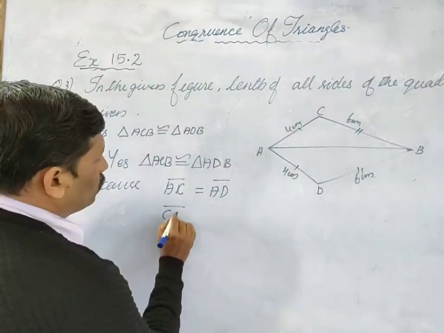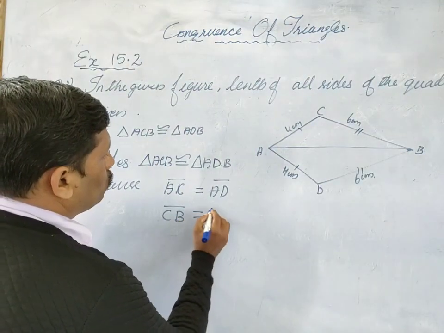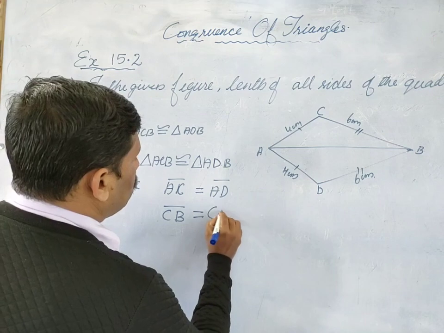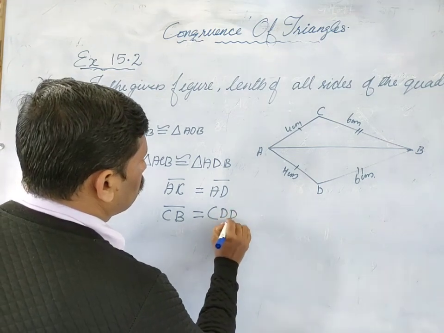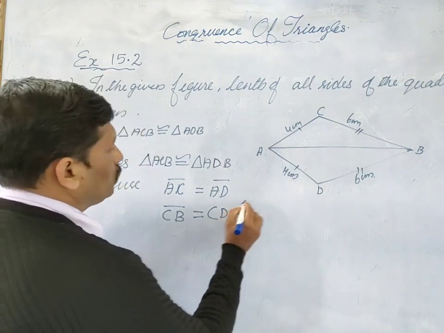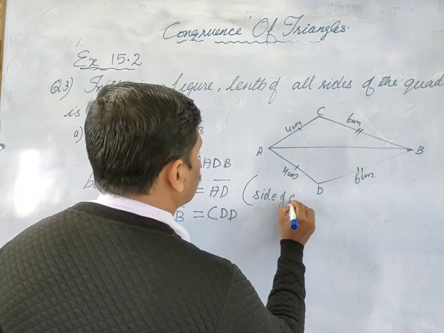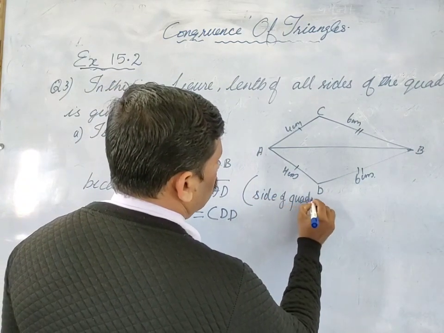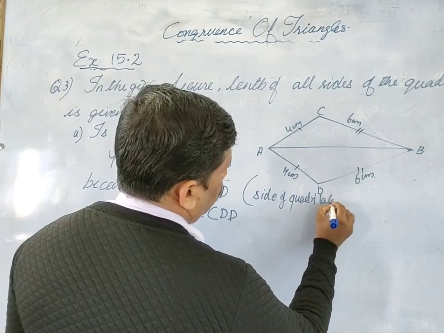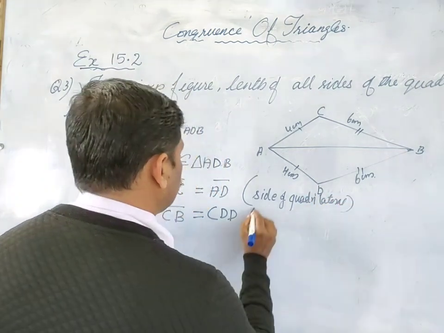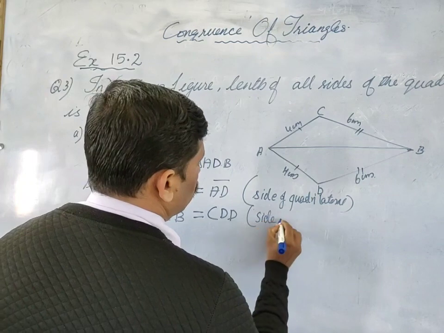Side CB is congruent to side DB. Here you can see a side of the quadrilateral. Here also a side of the quadrilateral.